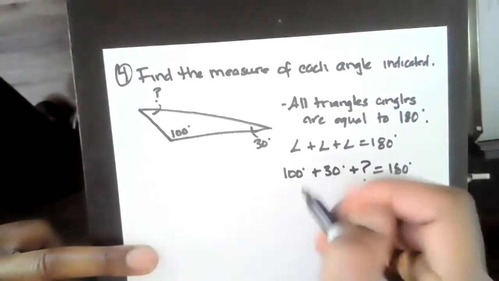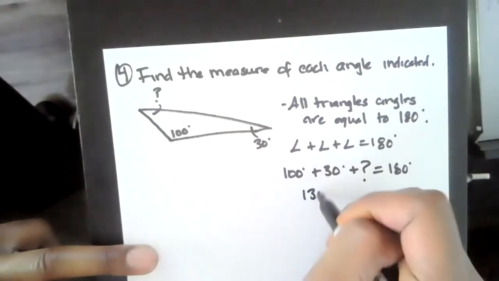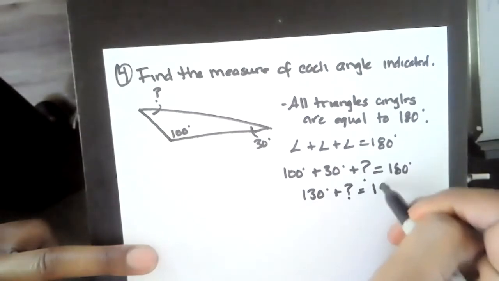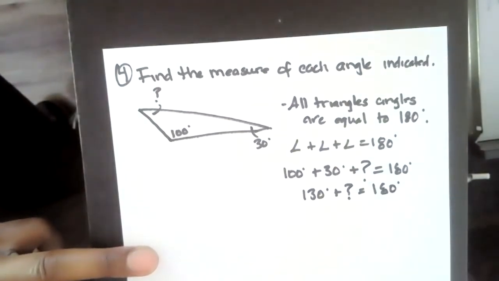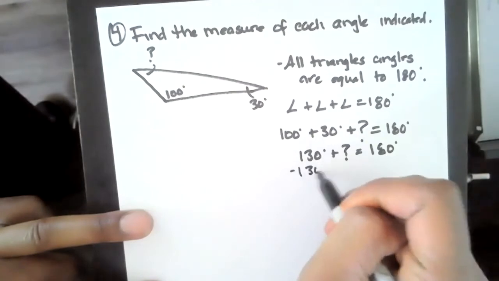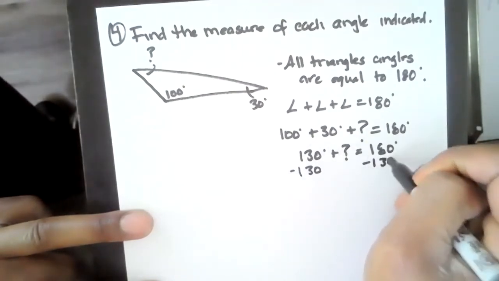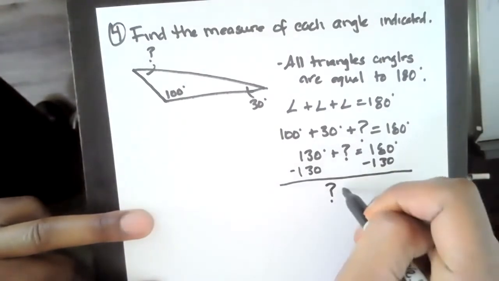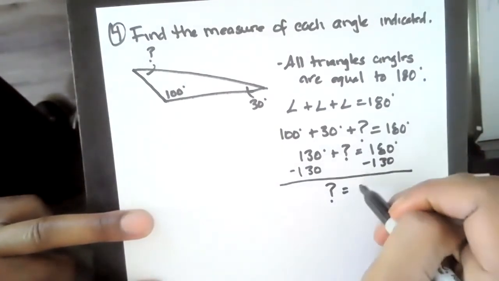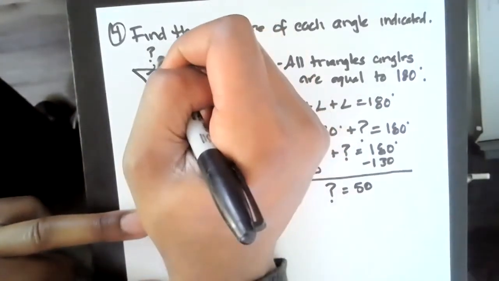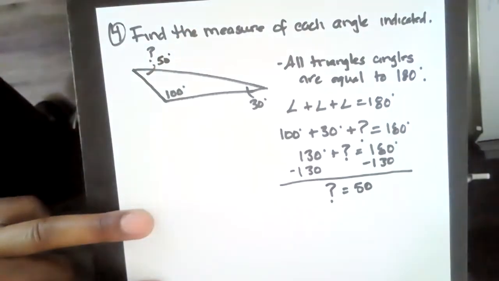What's 100 plus 30? 130 plus your question mark is equal to 180. What do we need to do to find the question mark? We need to subtract 130 from both sides. That gives us question mark is equal to 180 minus 130, 50. So this angle here will then become 50 degrees.